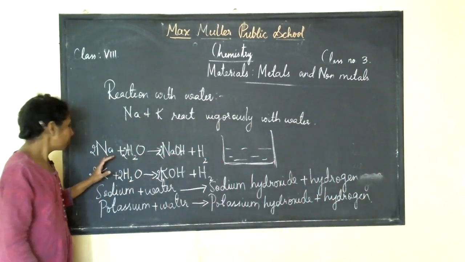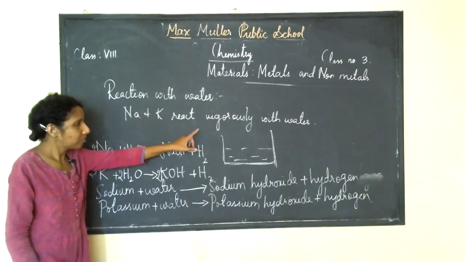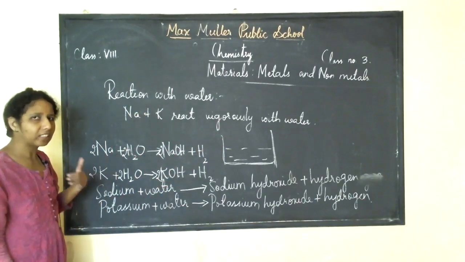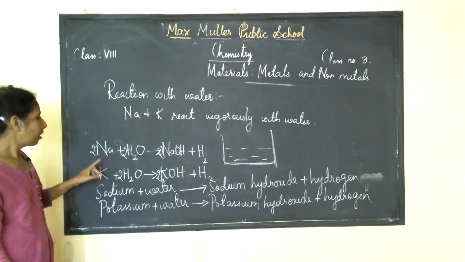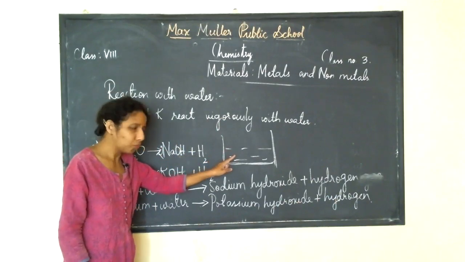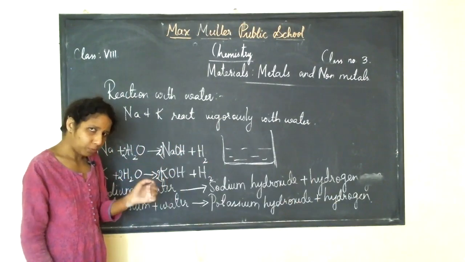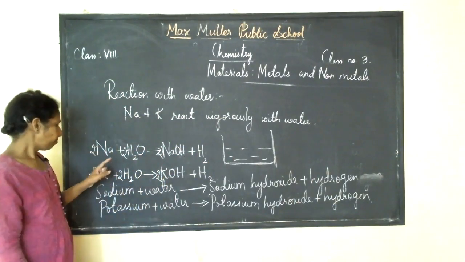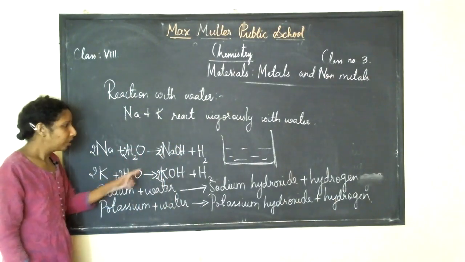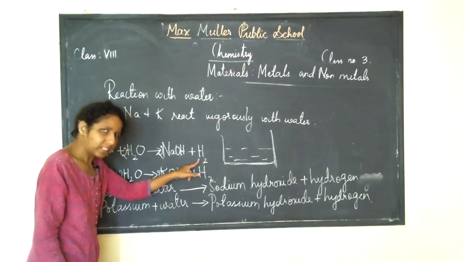Okay, once again, sodium and potassium react vigorously with water. That means the reaction is quick and a lot of heat is produced. When you add small grain size sodium into water in a trough, it runs on water, becomes smaller and smaller in size, and finally sodium reacts with water vigorously to form sodium hydroxide, liberating hydrogen gas.